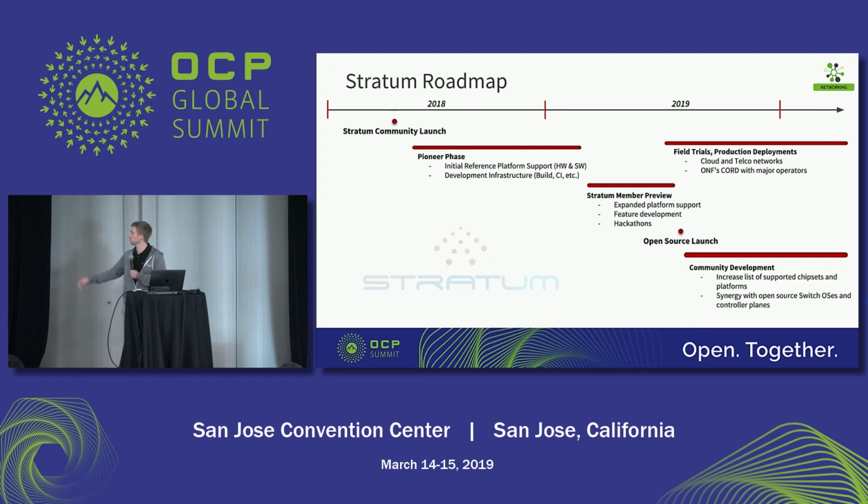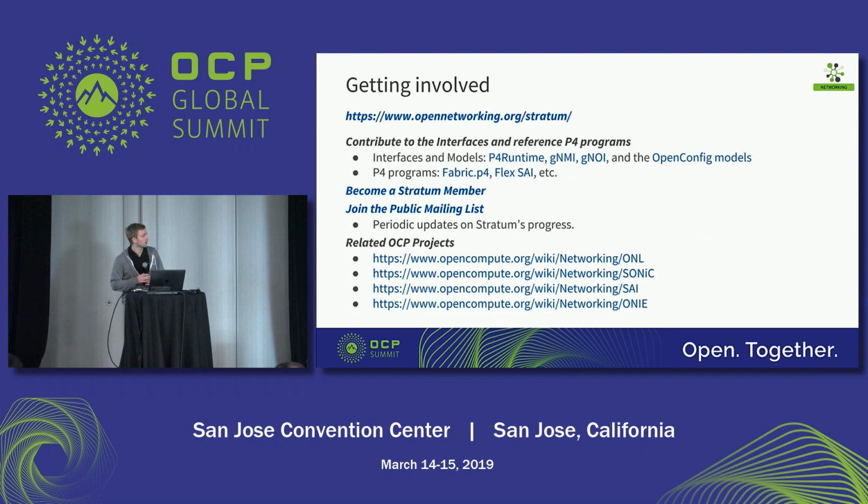And we're targeting open source launch around the middle of the year. At that point, we hope to expand the set of chipsets and also work on some of the synergy with other OSs. I'll just leave this slide up. If you're looking to get involved, we certainly welcome you now or when it becomes public, and happy to take some questions if we still have time.